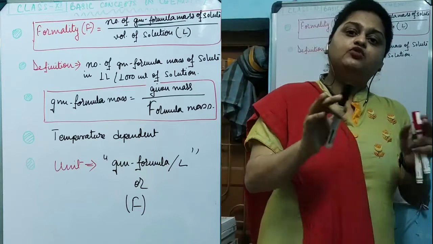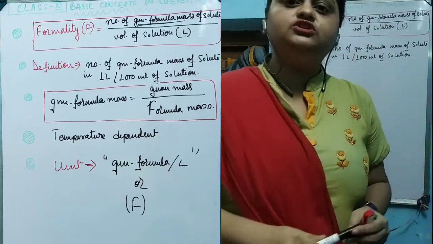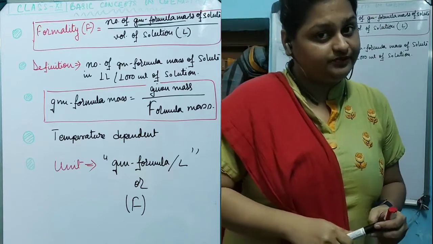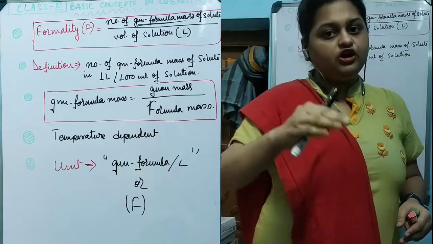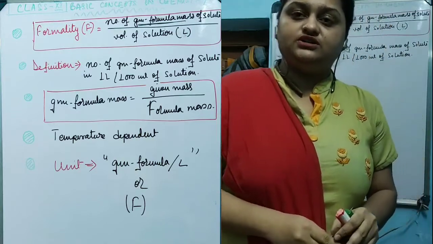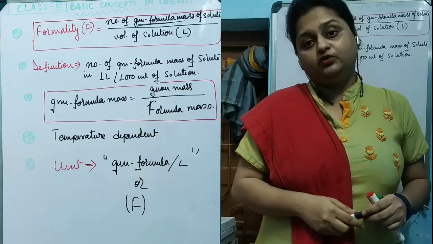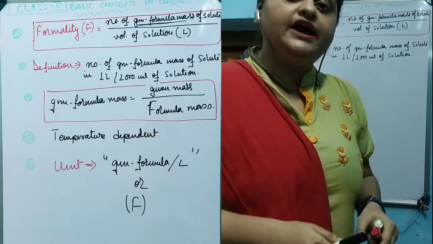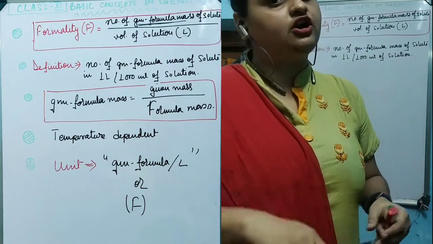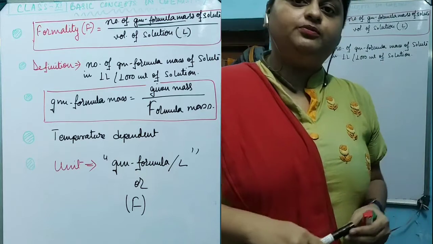Now the mole number of the solute comes from the given mass divided by the molecular mass of the solute. For this kind of crystalline solid, you cannot apply the molecular mass concept, so you cannot actually apply the mole number concept also.